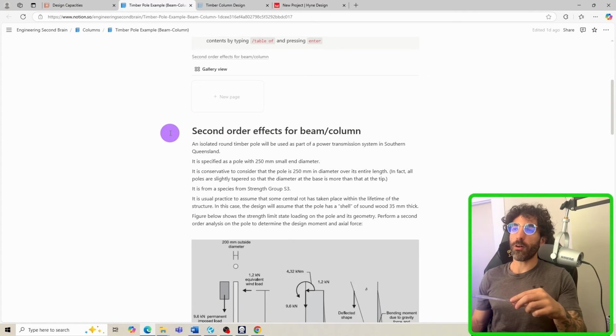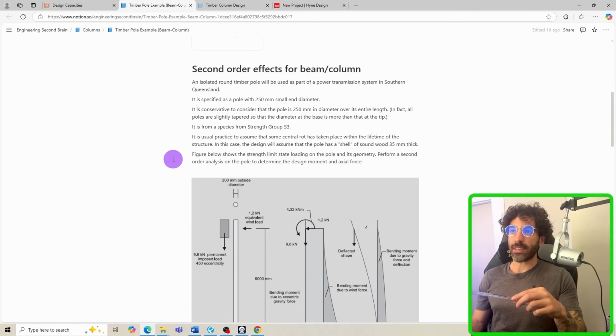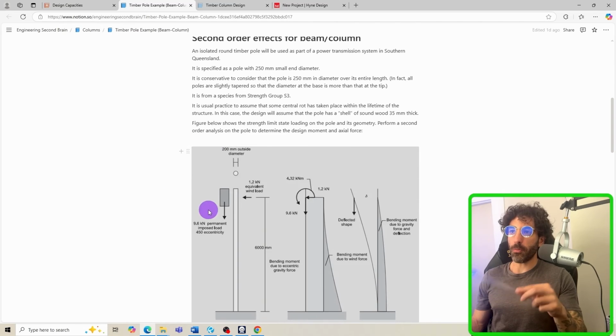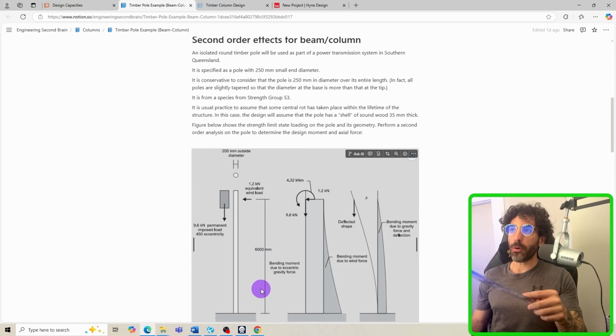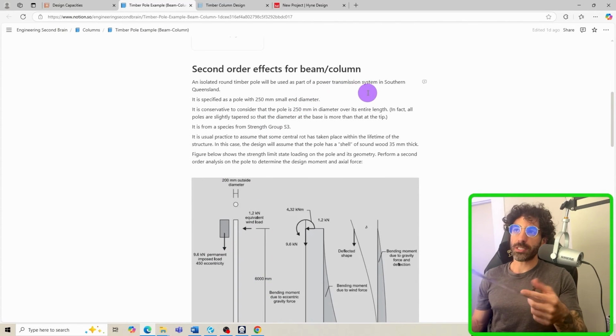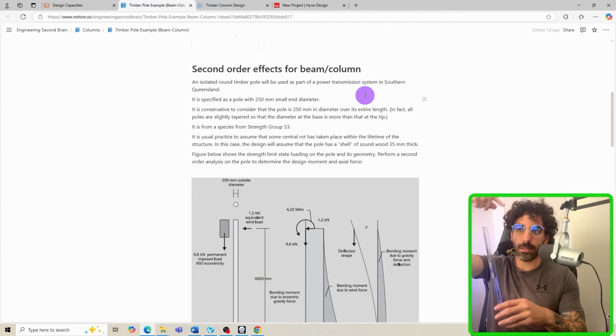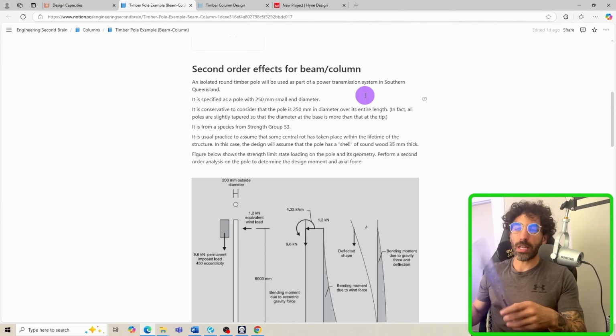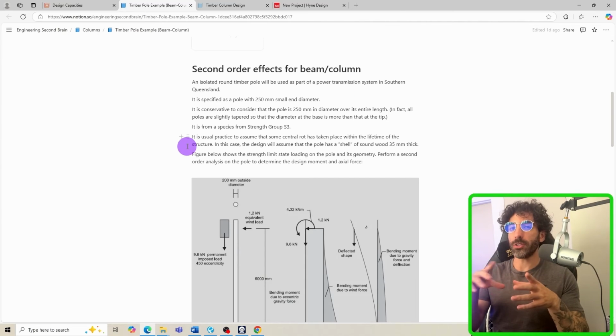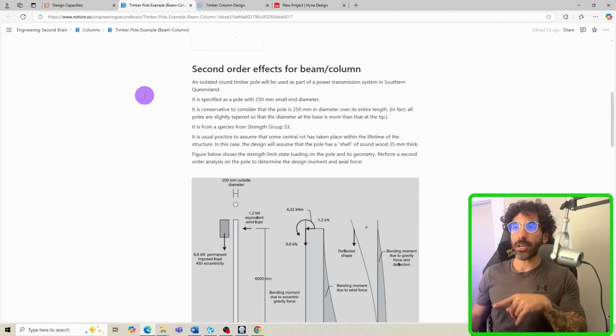It's an example of how the second order effects will affect this timber pole. So it's an example of a power transmission system. Do you know, like those round timber poles that they put in the middle of the street to carry the lights in the power transmission system? So that's what we're designing here. I would recommend you first watch the steel design lessons, and then you understand the effective lengths and second order analysis, and then you come back and go through this example yourself.